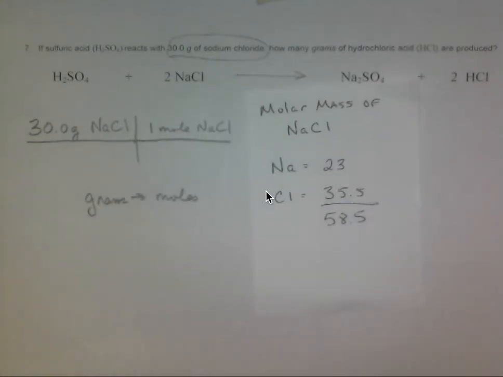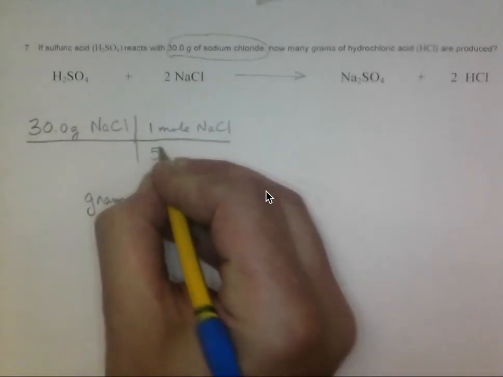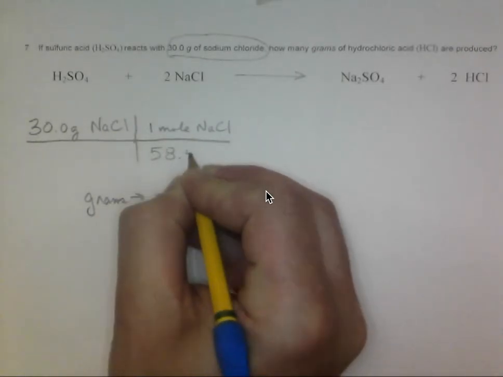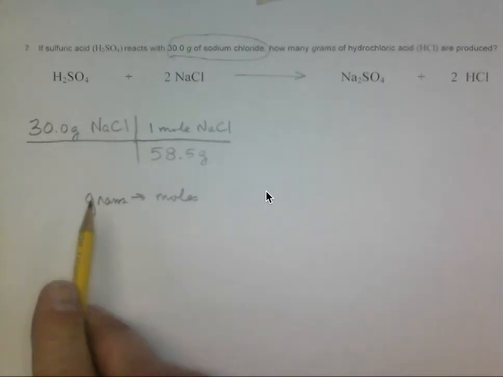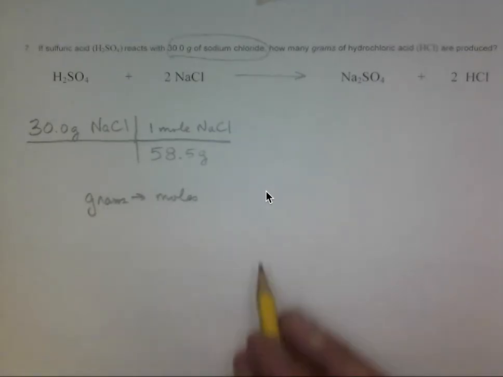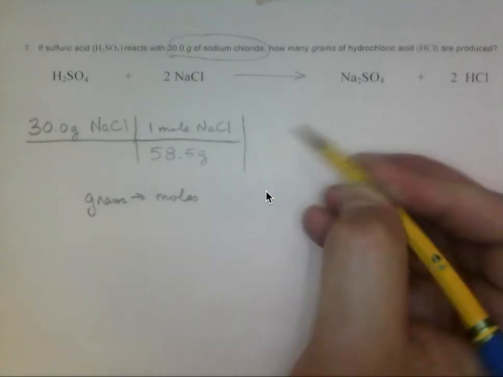We know that sodium has a mass of 23, chlorine has a mass of 35.5. You add them together and you get the molar mass of NaCl, which would be 58.5 grams. So this part of the equation will get me from grams to moles with the NaCl. So that's the first step.